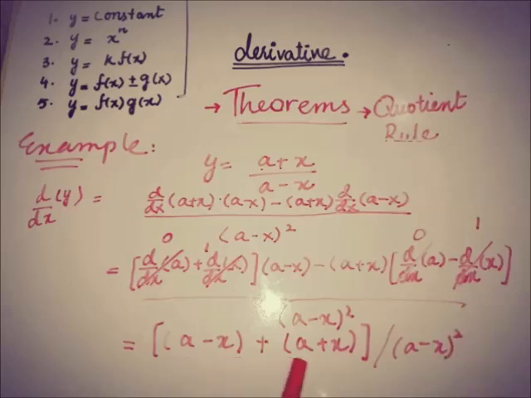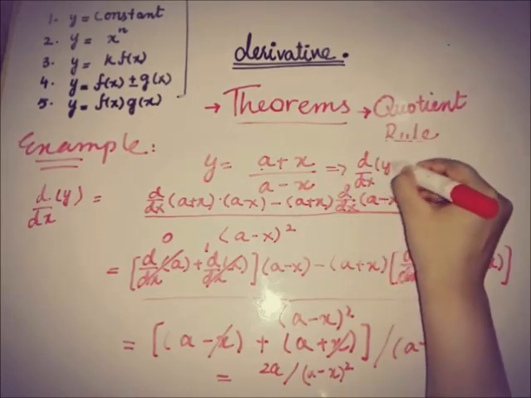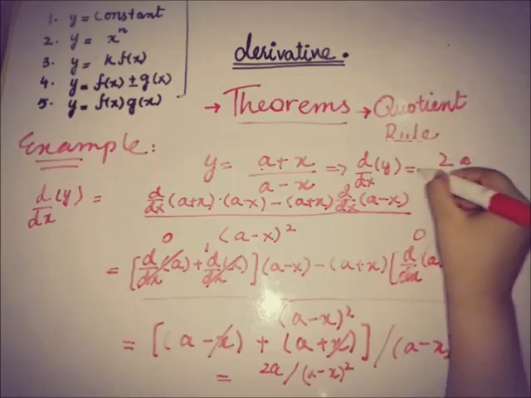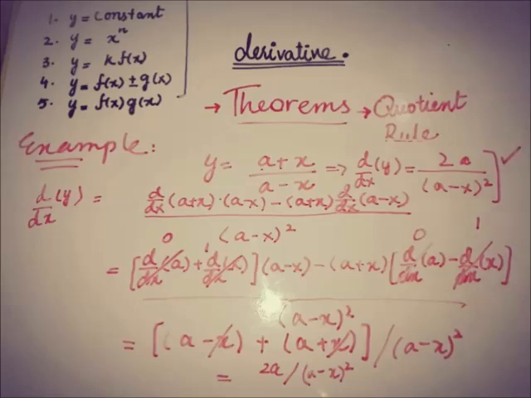So a minus x plus a plus x, the x terms cancel out with each other, and a plus a is 2a over a minus x squared. So this is our final answer: the rate of change of y is equal to 2a over a minus x whole squared. This is how to use the quotient rule in order to find the derivative of such types of functions.